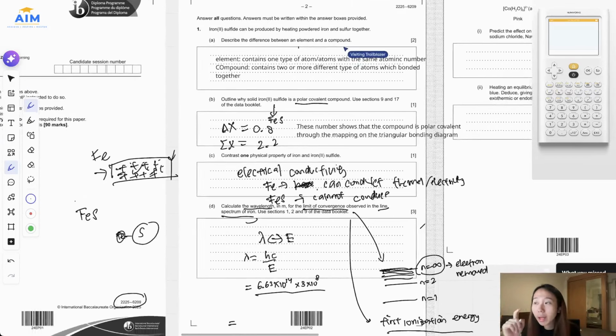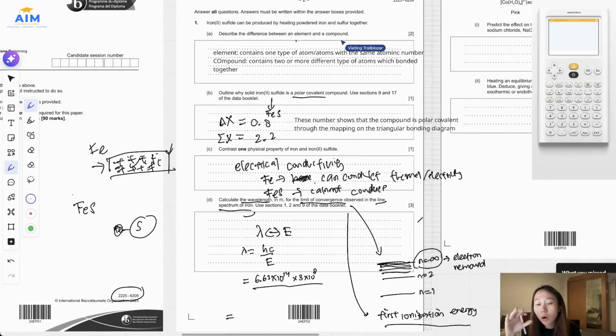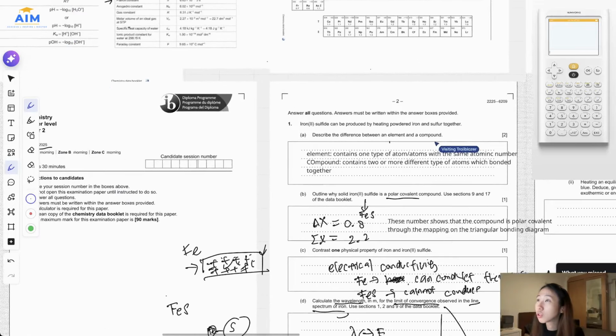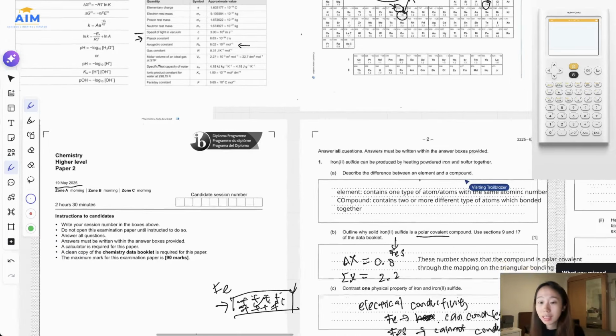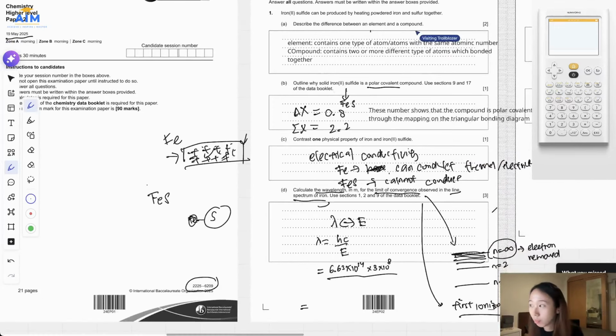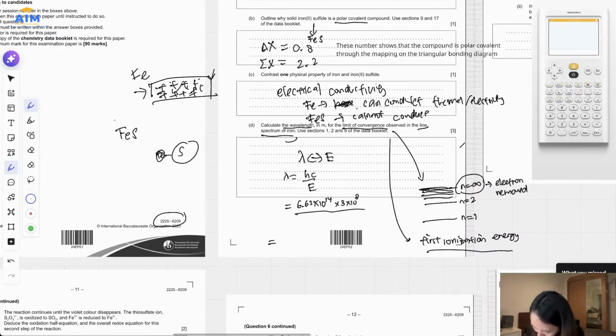So we want one atom instead of the whole 1 mole. So we need to divide this energy by the Avogadro constant, which is also shown here. It's basically 6.02 times 10 to the power of 23, which means how many atoms are in 1 mole.